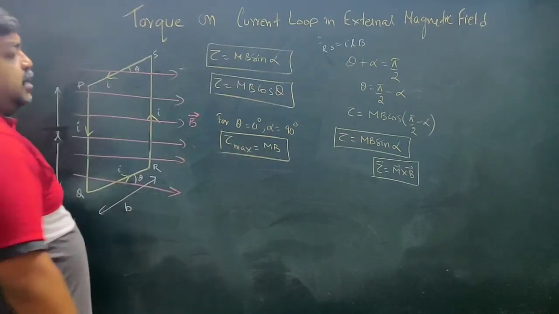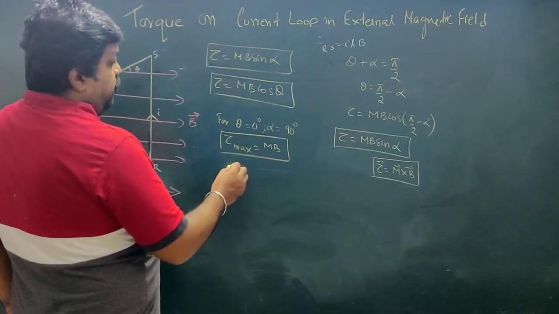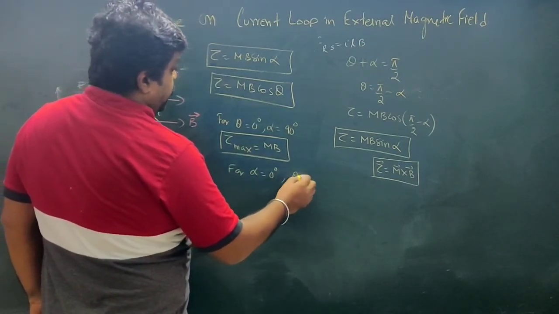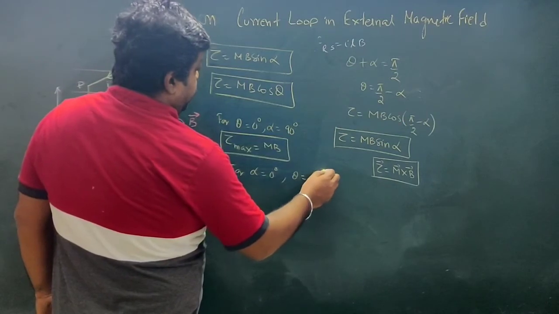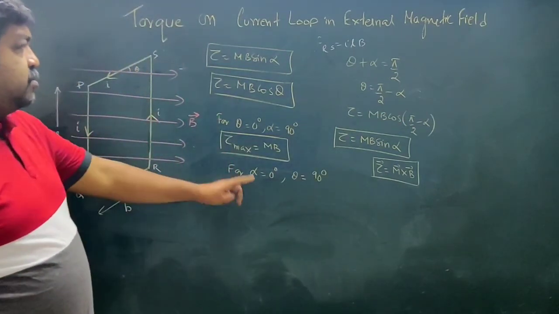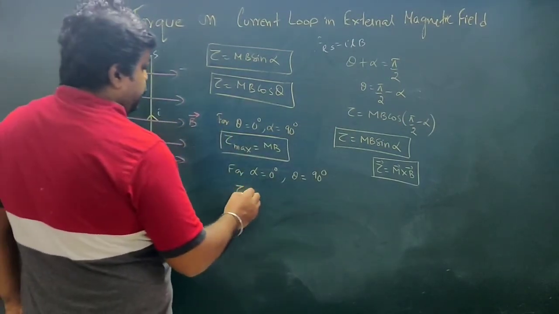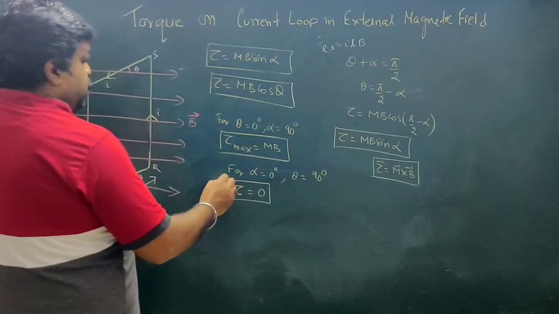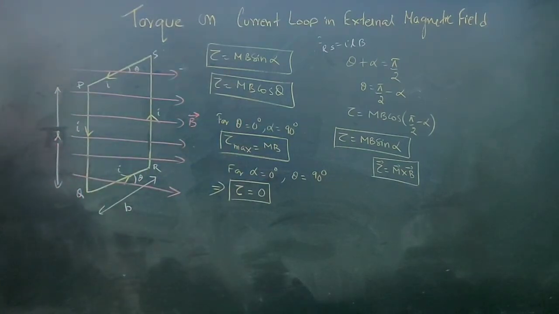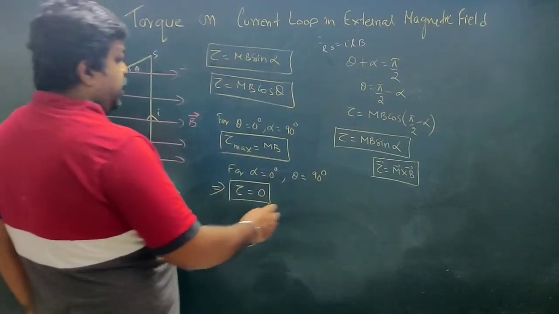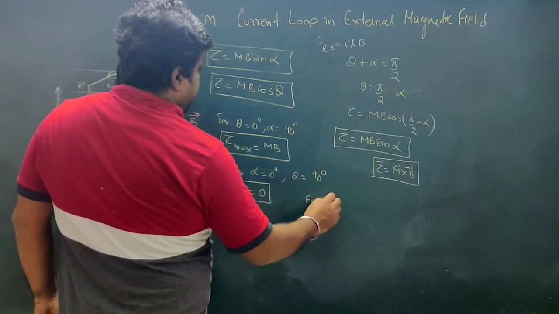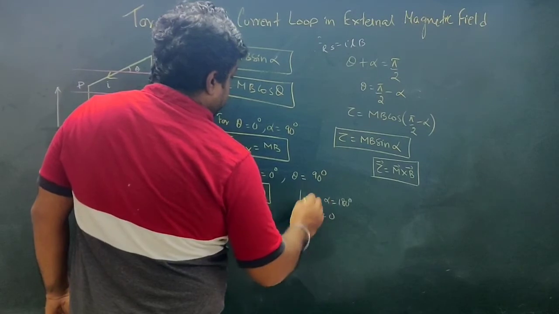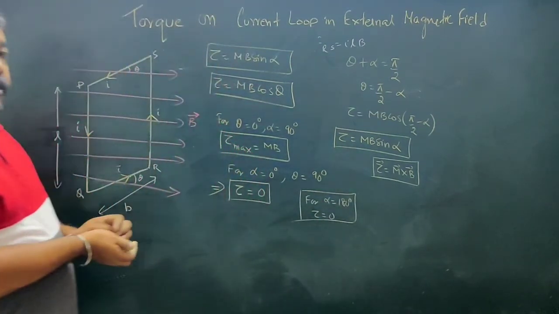Now, for alpha is equal to 0 degree, theta will be equal to 90 degree. For alpha is equal to 0 degree, torque will be equal to 0. Again, for alpha is equal to 180 degree also, torque is 0.